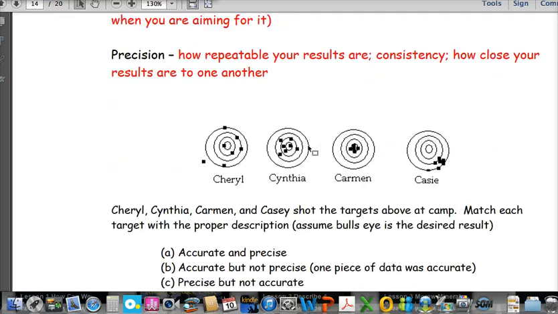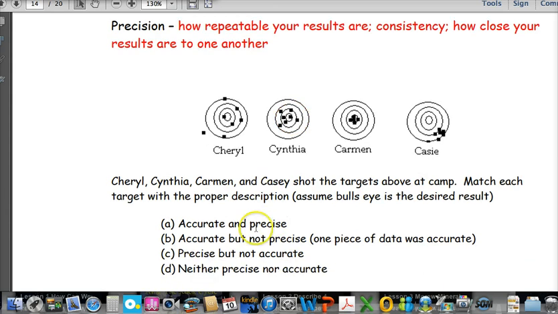Precise but not accurate would be here. Let's see, we got neither precise nor accurate, obviously would be Cheryl, would be D. Precise but not accurate would be Cynthia. No, precise but not accurate would be Casey. Accurate and precise would be Carmen. I think we covered them all.